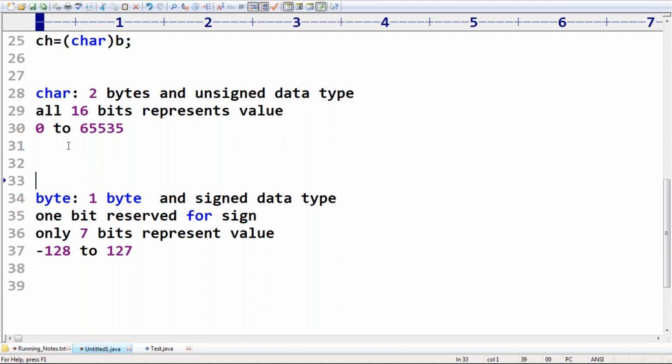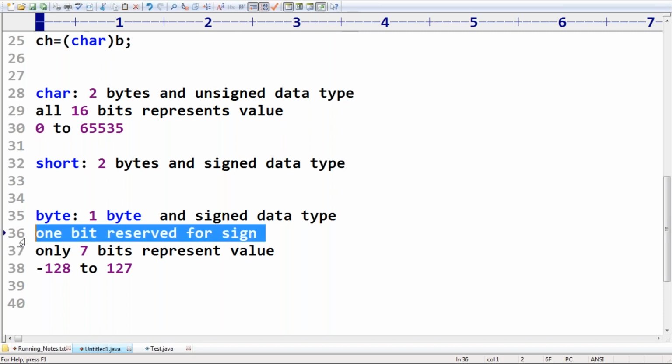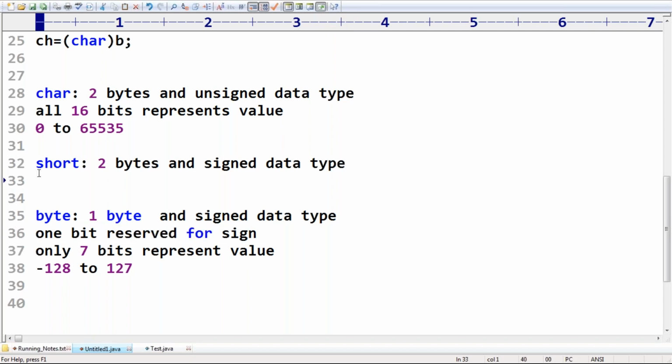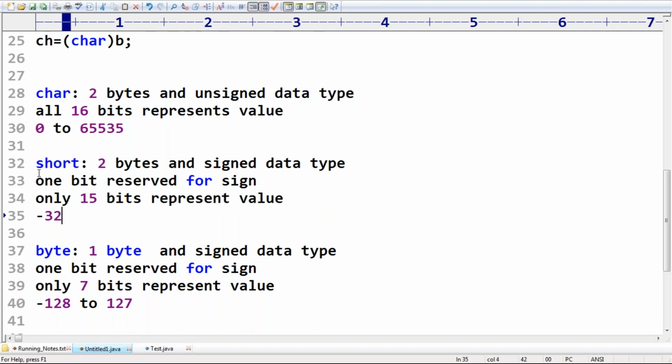Even the same story applies to short. Short is 2 bytes, but it is a signed data type. 1 bit is already reserved for sign, so only 15 bits represent the value. That's why the range is minus 32,768 to 32,767.